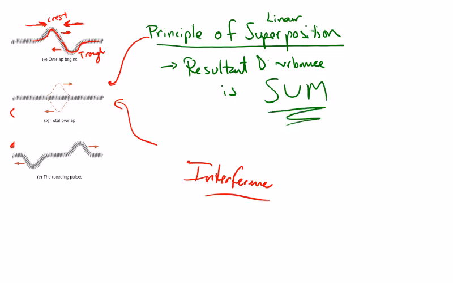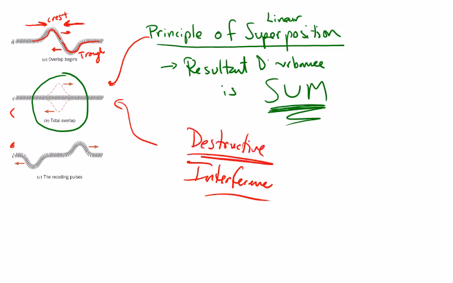But since they're in opposite directions, it's almost like they cancel each other. And so the resultant you get is this overlap where one of them would technically be up a certain amount and this one would be down a certain amount, but they're actually canceling each other, or the sum is still there. But if they're in opposite directions, a crest and a trough, you're going to get what we refer to as destructive interference.